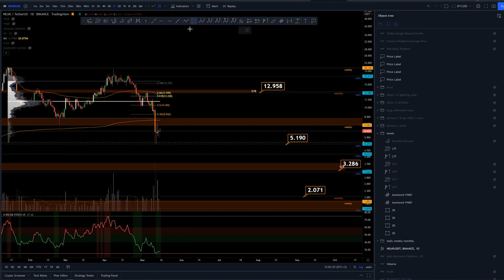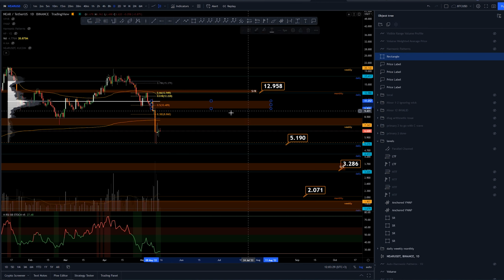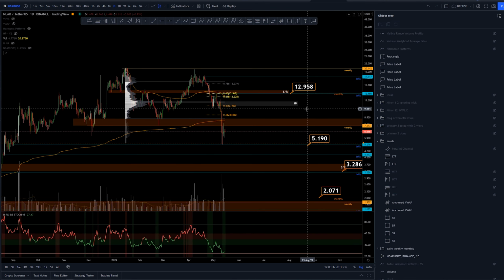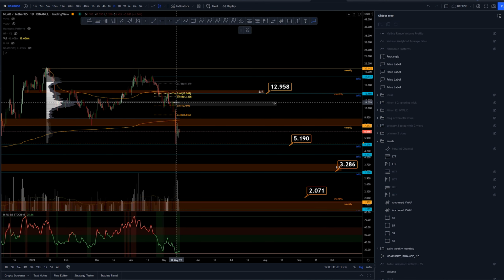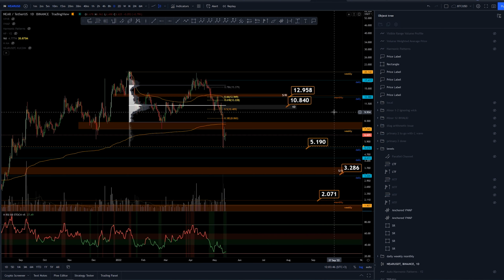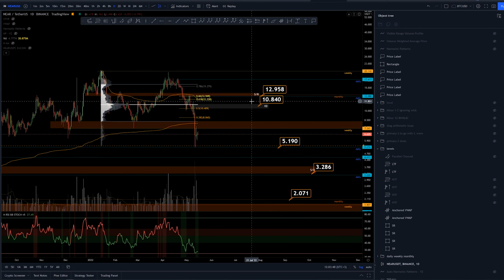We do have an order block right here, and using the body of it, this is a one day order block with that point of control and the 0.5 fib, so around $10.84. Definitely going to be some kind of area of interest where the price might find resistance.